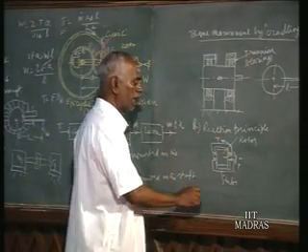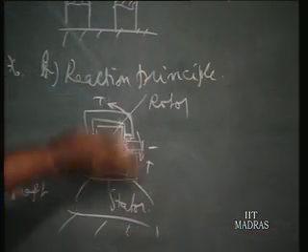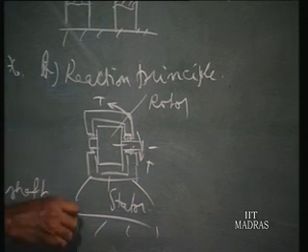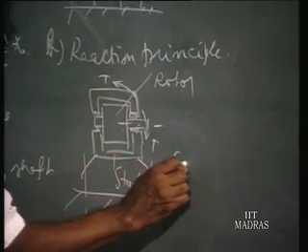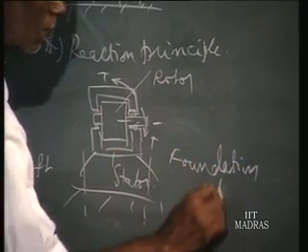But what we are doing actually, the stator we fix it to the ground. When you fix it to the ground, the reaction of the stator is taken by the ground. We normally use strong bolts. They are called foundation bolts.